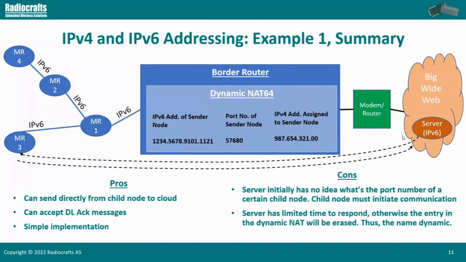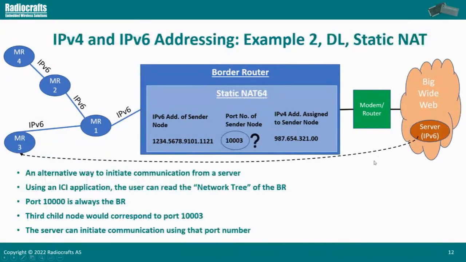And of course, another thing is that the server has to reply in time, because if 30 minutes later or 10 minutes later the server wants to speak again to that node using that same old port number, it will be erased. Because this is dynamic NAT, it changes, and this kind of entry recorded in the NAT table is only valid for a certain time, I think around 5 minutes, which should be more than enough for the acknowledgement to be sent.